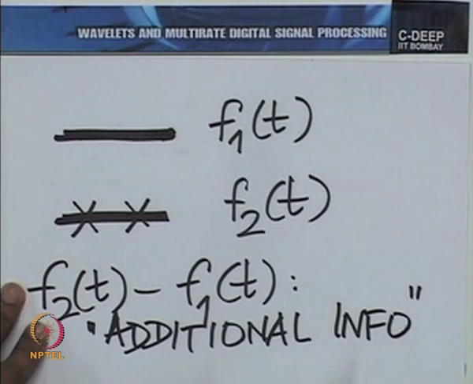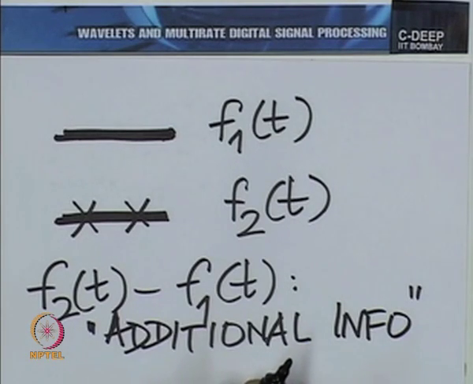What we are saying is, instead of a piecewise constant approximation on an interval of size t, when we try and make a piecewise constant approximation on intervals of size t by 2, we are bringing in something more.